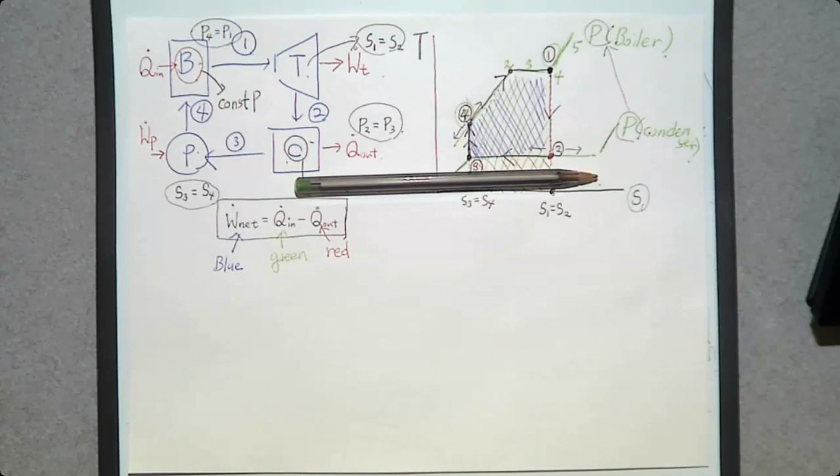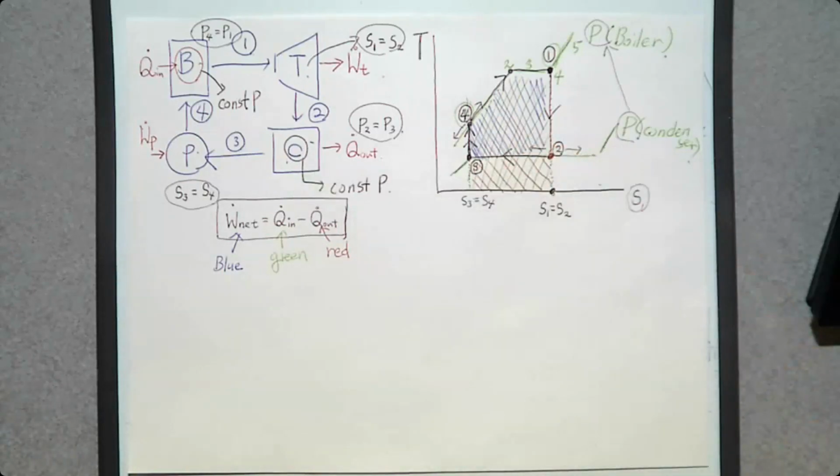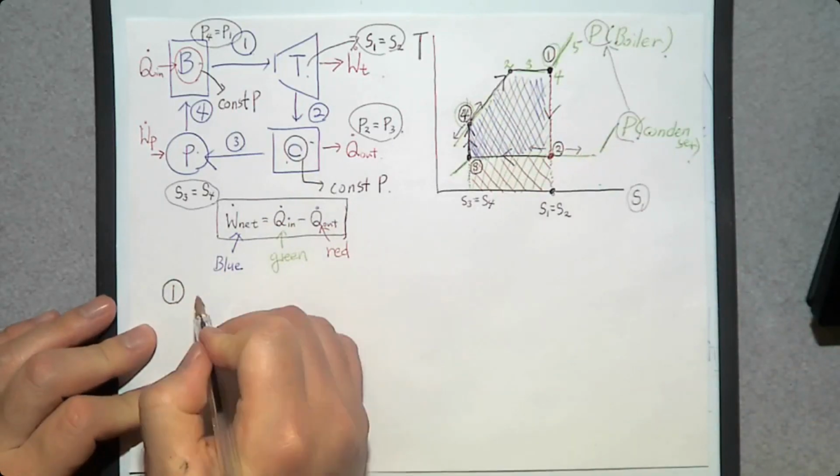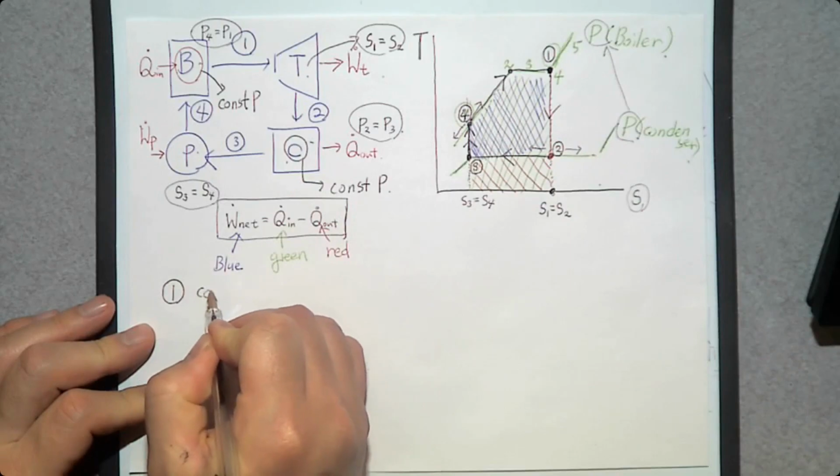That's how we can improve the performance of a Rankine cycle. If you look at any power plant nearby, the condenser pressure should be very low so that we can increase the enclosed area. So the first option to improve is decreasing condenser pressure.